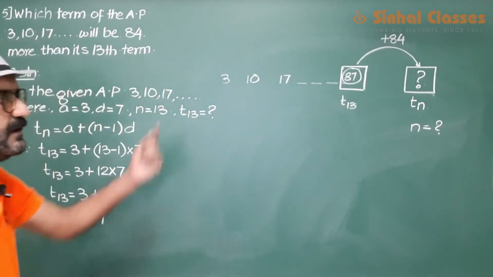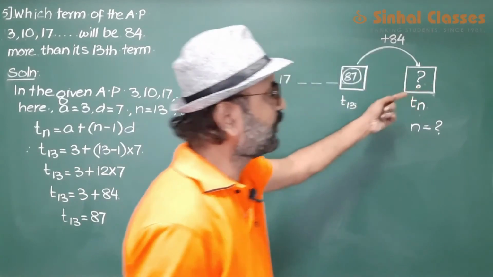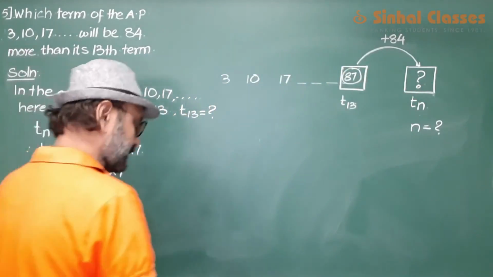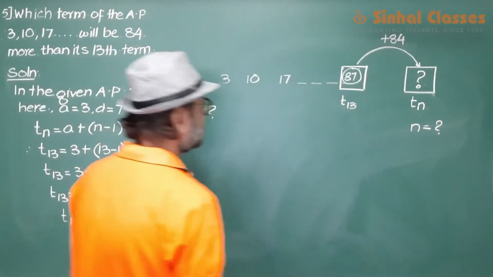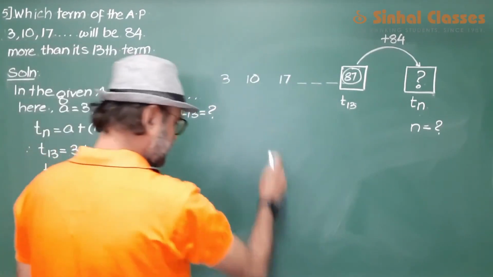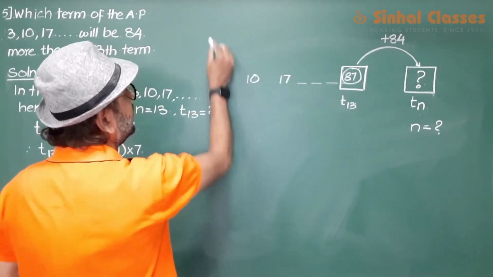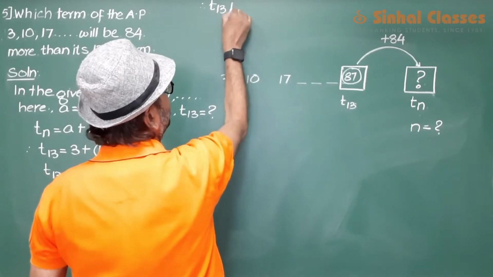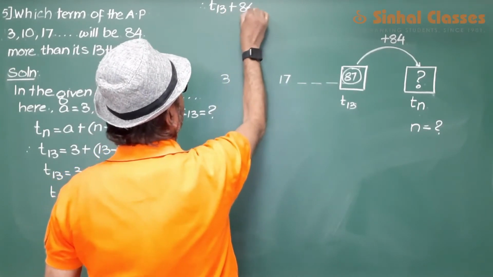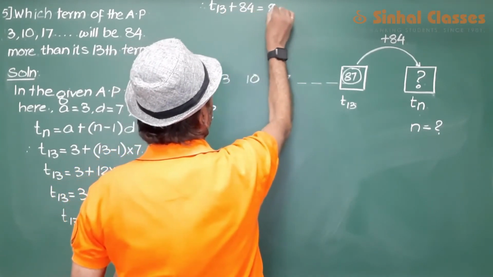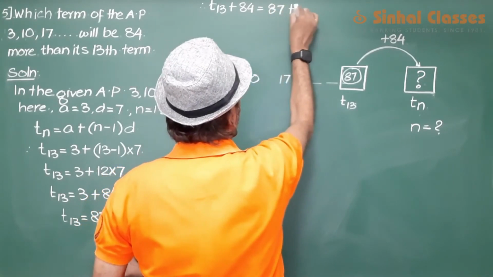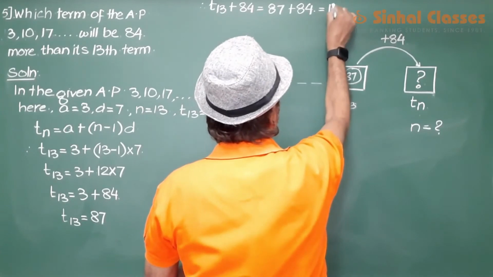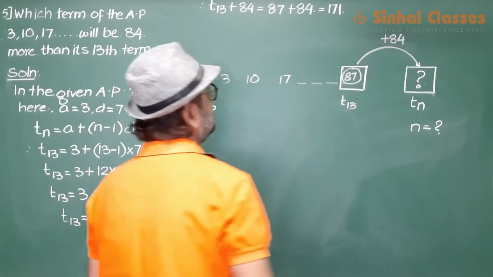Now 87 plus 84 is the nth term. So what we will do is, let this remain as it is. Now T13 plus 84 equals 87 plus 84, which is 171.